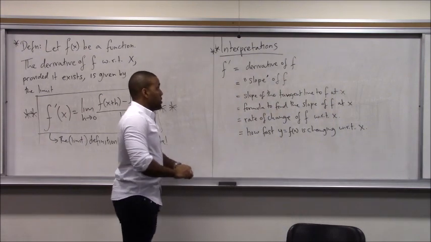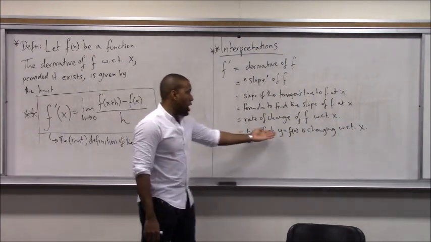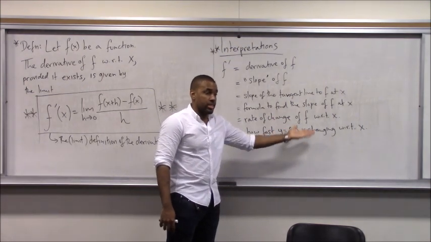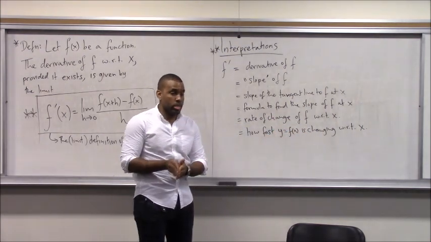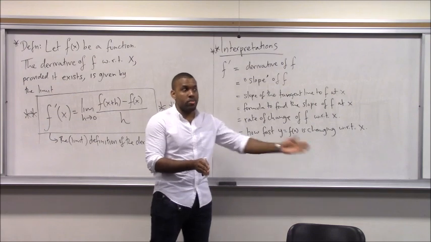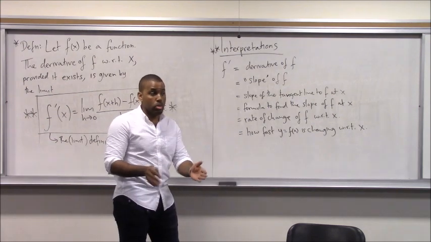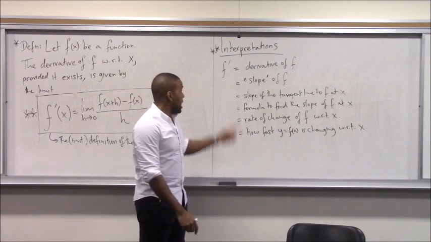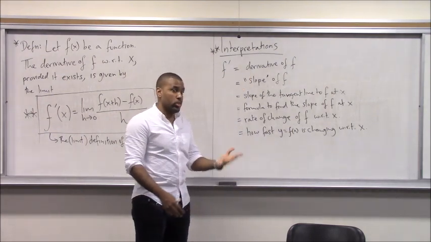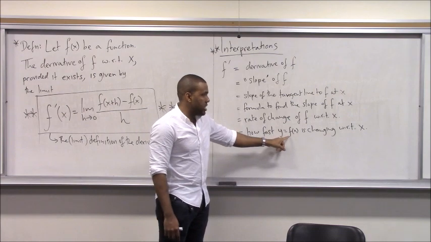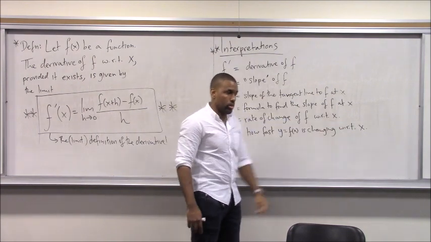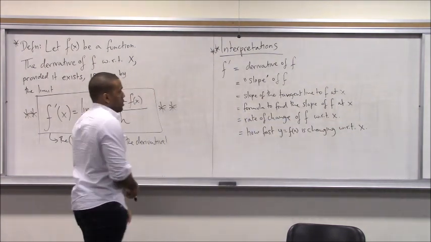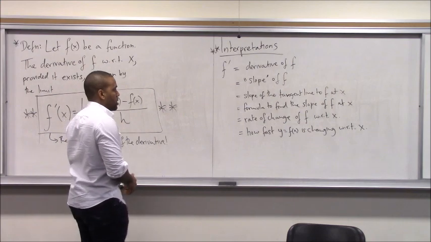So for example, if your derivative is 5, you know that y is changing 5 times as fast as x is changing. Whenever x increases by 1 unit, the y will increase by 5 units. If x increases by 2 units, the y is going to increase by 10 units. It will grow 5 times as fast, and whatever number you get from the derivative tells you that. This is how fast this guy is changing in relation to that thing. So those are some common interpretations.